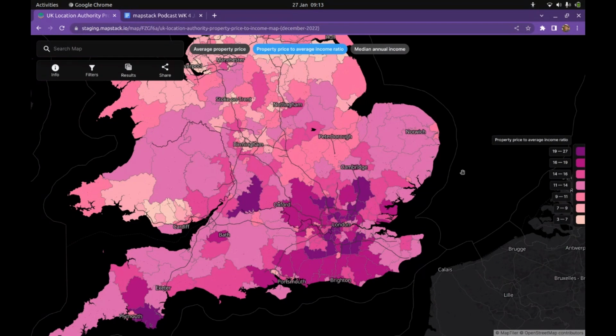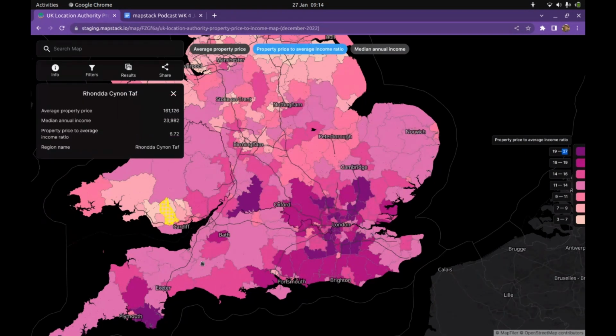And if we click on some of these, just to give you the range, the property price to average income ratio goes up to a multiple of 27. Yeah, I was just going to ask, Chris, is the bottom, where it's beige, like 1 to 3 to 1 to 7? So the lowest ones are in the beige. So the worst is like 1 to 27, right?